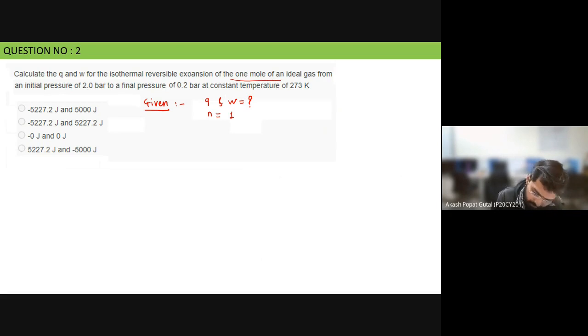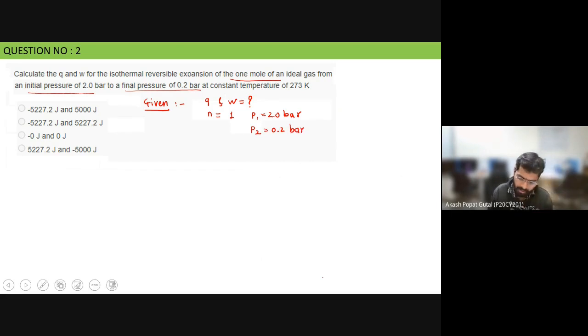The initial pressure is given as 2 bar, which is P1 equal to 2.0 bar, and the final pressure is 0.2 bar, P2 is 0.2 bar. And the temperature is 273 Kelvin.